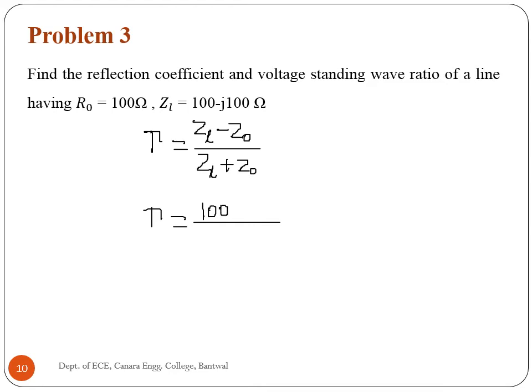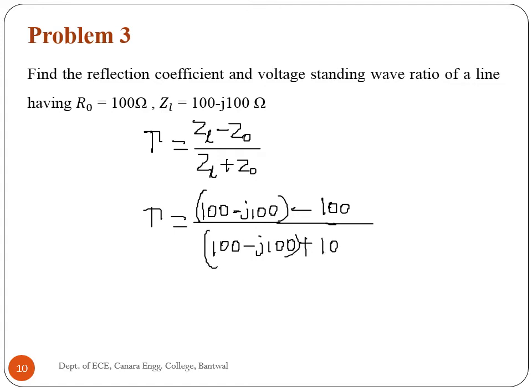ZL is 100 minus J 100 ohm minus 100 ohm, divided by 100 minus J 100 ohm plus 100 ohm, which is equal to minus J 100 divided by 200 minus j 100, which is equal to 0.2 minus j 0.4.